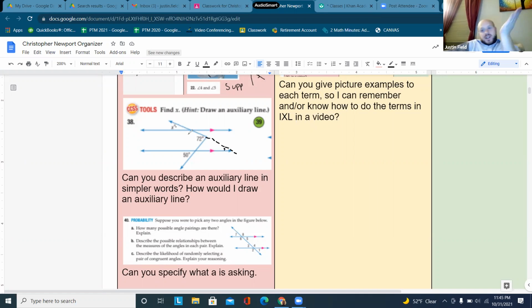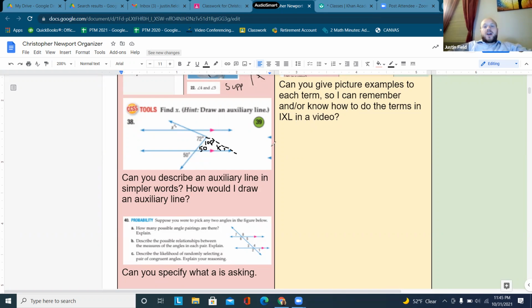It's kind of a slanted transversal, but it's true. So this is X, then this is also X. And this 72 is a linear pair with this angle right here, so that must be 108. And this angle is a vertical angle with this right here, so that must be 50.